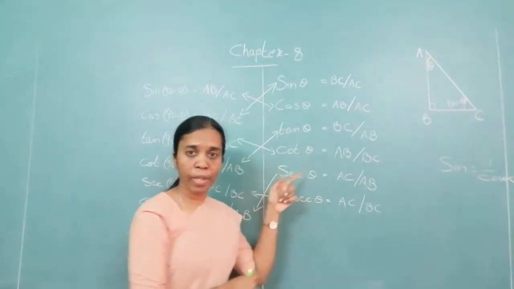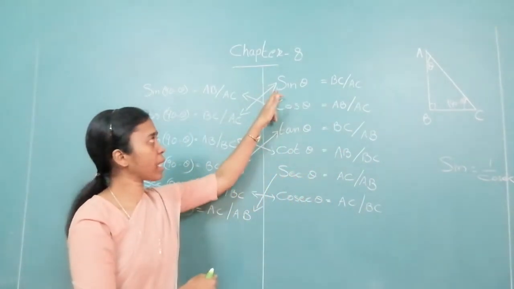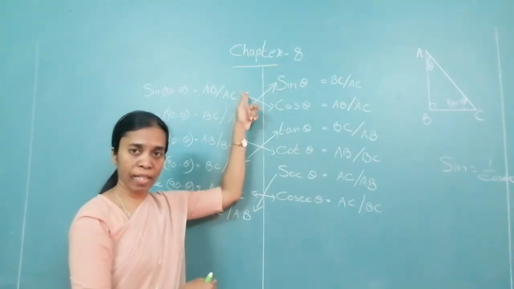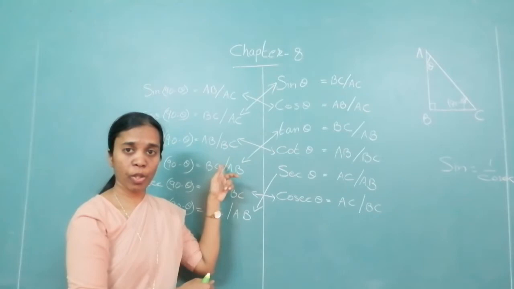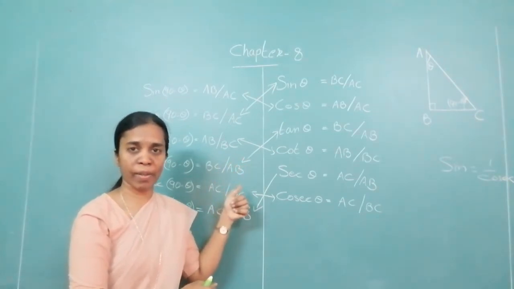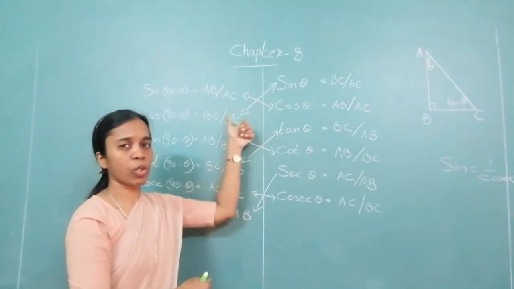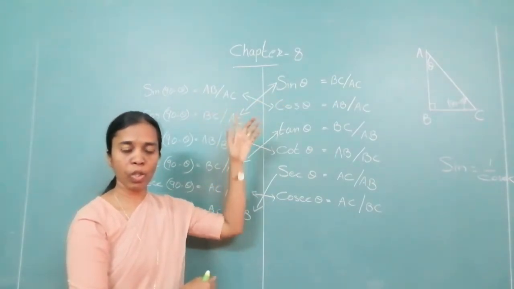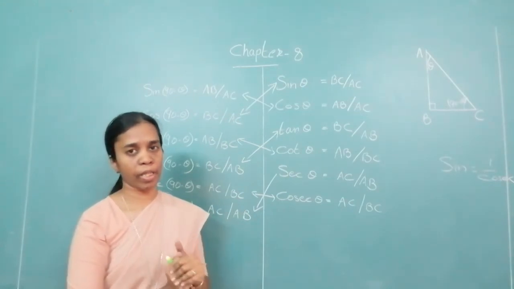But in this complementary ratio, what is the relation? Sin and cos, cos and sin, tan and cot, cot and tan, sec and cosec, cosec and sec. So sin theta is equal to cos 90 minus theta. Cos theta is equal to sin 90 minus theta.